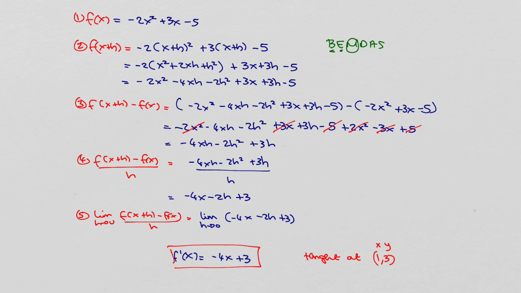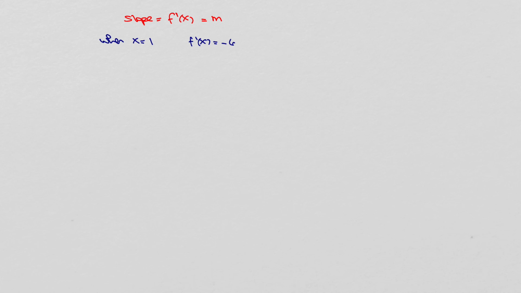So if f dash x is equal to minus 4x plus 3, then the slope is equal to the derivative when x is 1, which means that the slope of the tangent at the point 1, 3 is going to be minus 4 plus 3, which is minus 1.